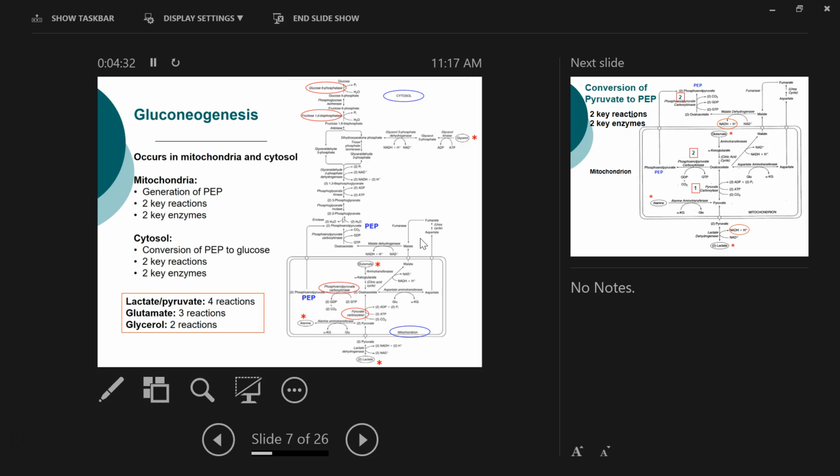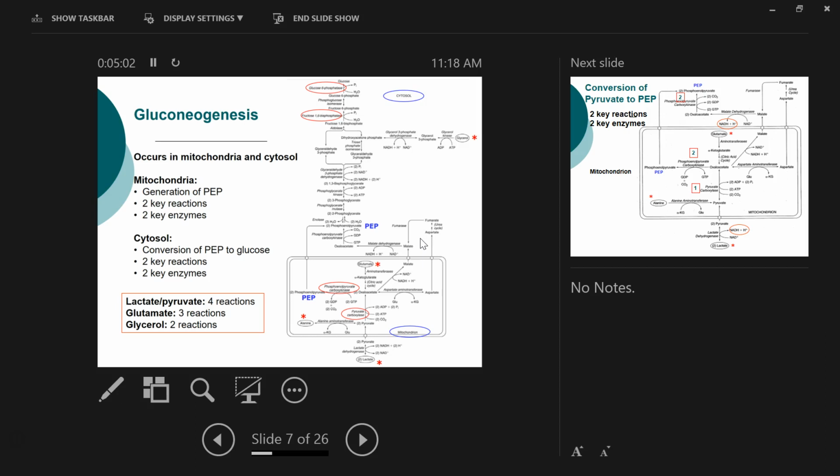If you still remember, for example, if pyruvate or lactate is the precursor, then it will involve the four reactions, right? Two in mitochondria and two in the cytosol. And if we use glutamate as the precursor, that will involve the TCA cycle, but only one key reaction in the mitochondria and two reactions in the cytosol.